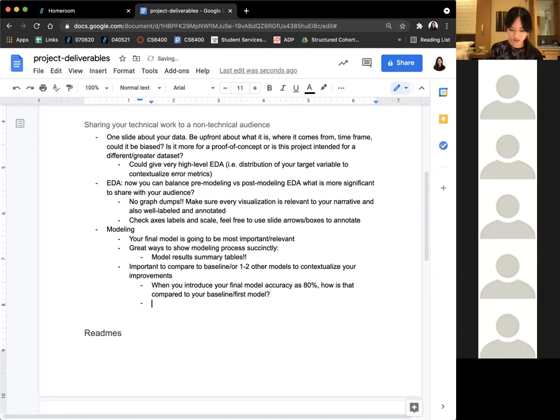From here, with your model metrics, again, important to contextualize. Maybe you don't have to go so much into detail about why you use a certain metric, but what does an accuracy of 80% mean?